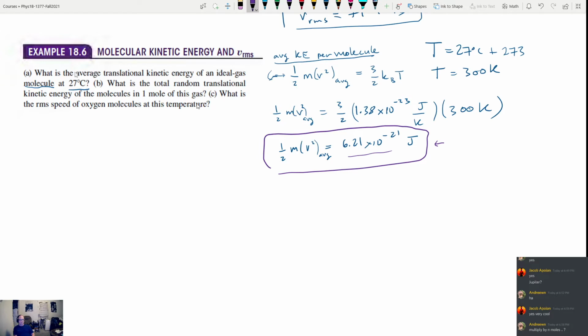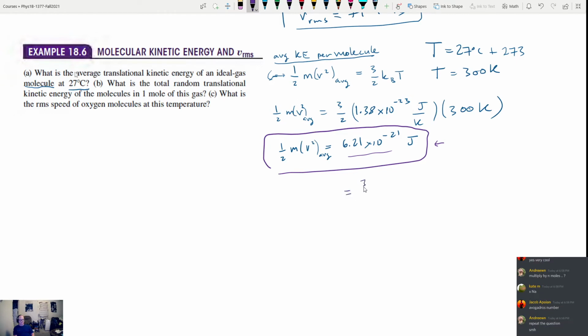Yeah, we need to multiply by Avogadro's number. That's right. So we have to take our equation and multiply by Avogadro's number.